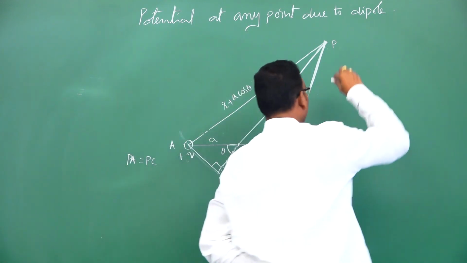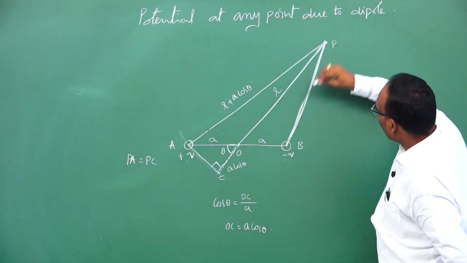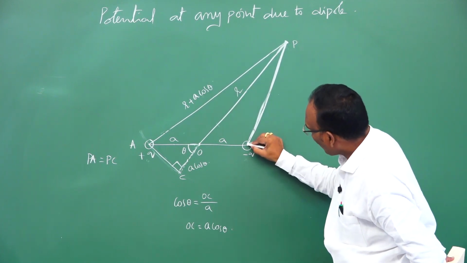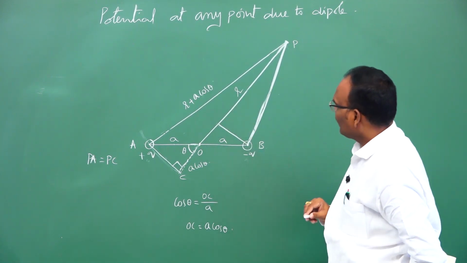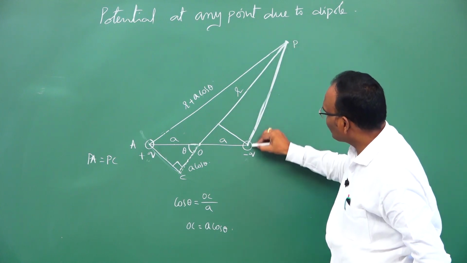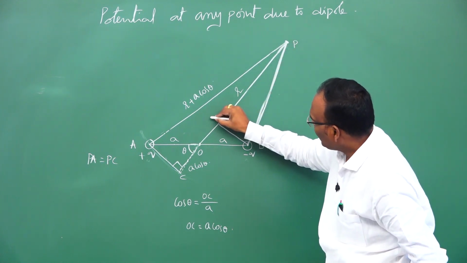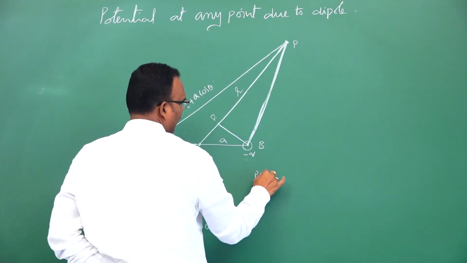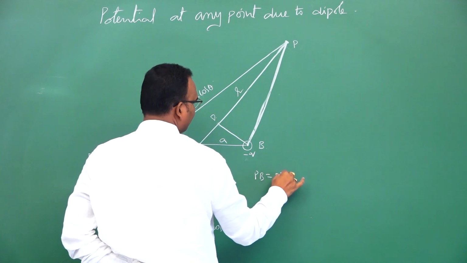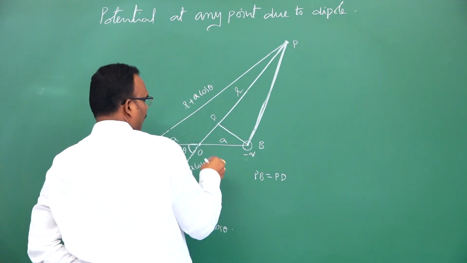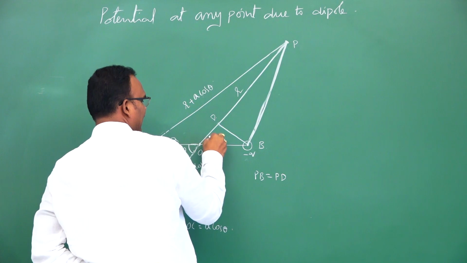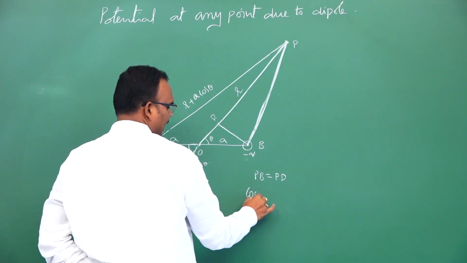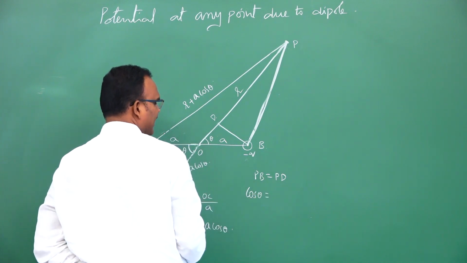Similarly, I will take P as a center and PB as a radius and cut an arc here. If you draw a perpendicular line here, then the length of PB is equal to the length of PD. If this is angle theta, this will also be theta. Then I need this adjacent side, which I also calculate using cos theta.